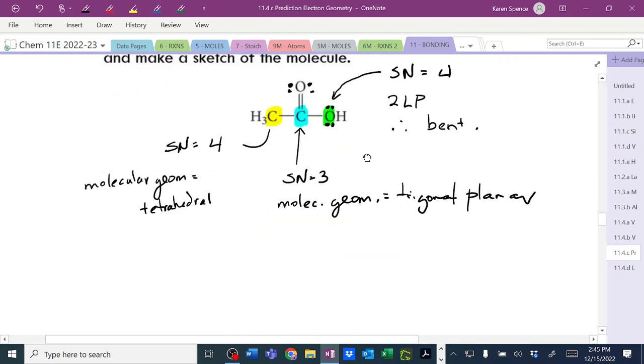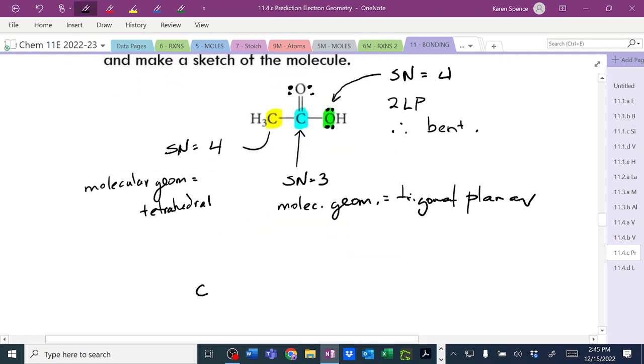Well, if you wanted to draw the diagram, you could be like, okay, I got a carbon, and I've got 1, and then 2, and then 3.